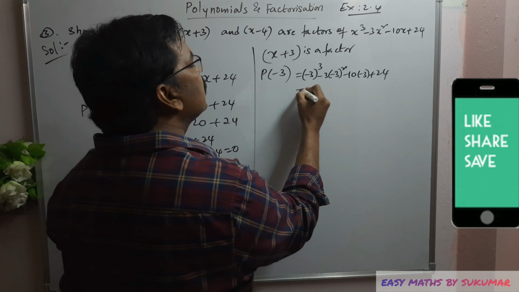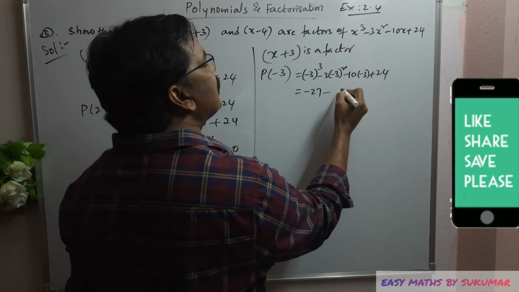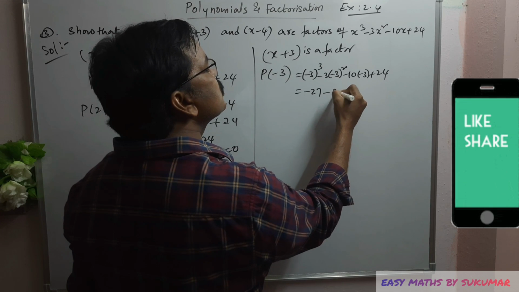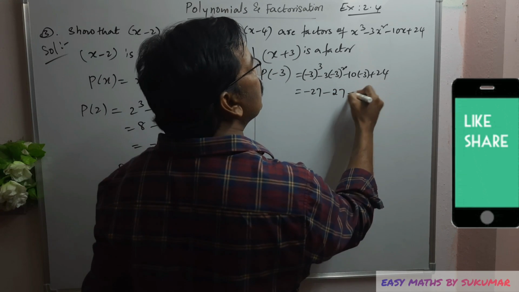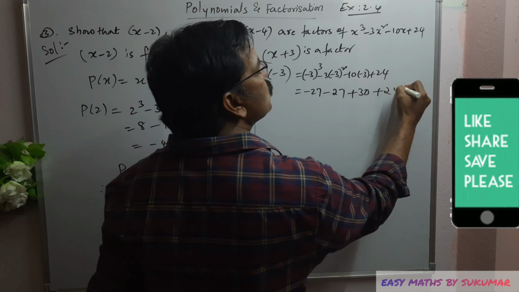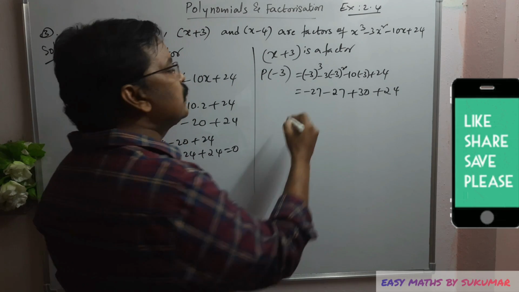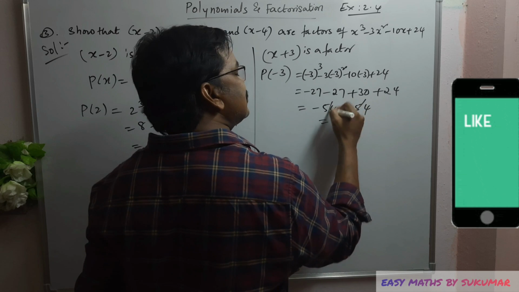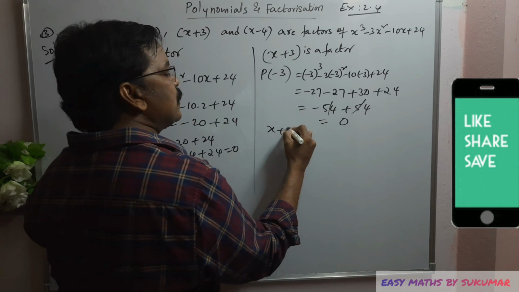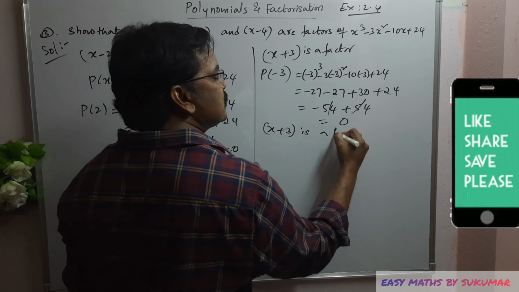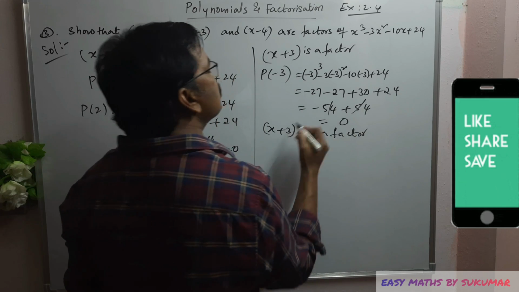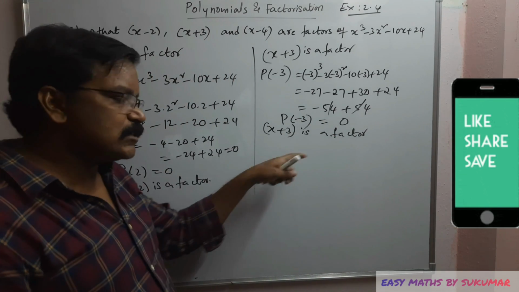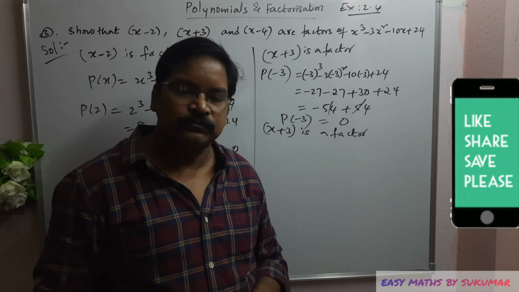This is minus 27, minus 3 whole square means 9, 9 into 3 is 27, minus into minus gives plus 30, plus 24. Here this is minus 54 plus 54. Both get cancelled. This is 0. That means x plus 3 is a factor, since P of minus 3 is equal to 0.